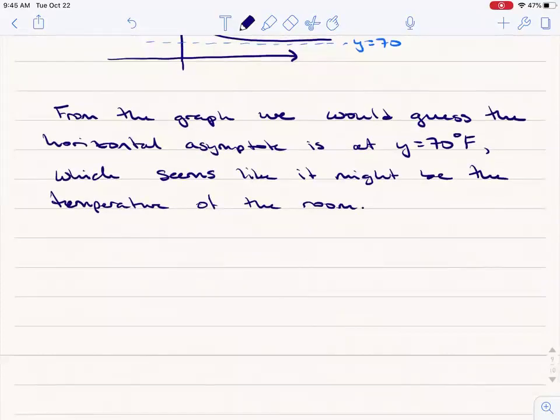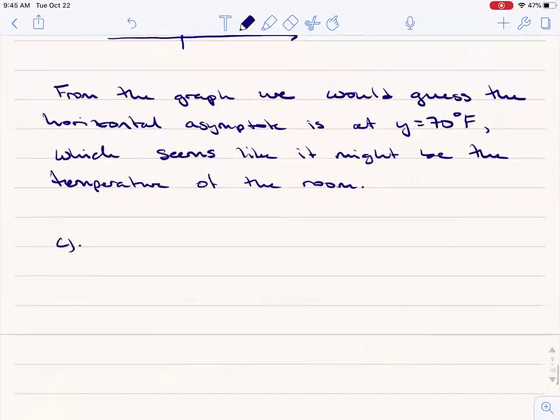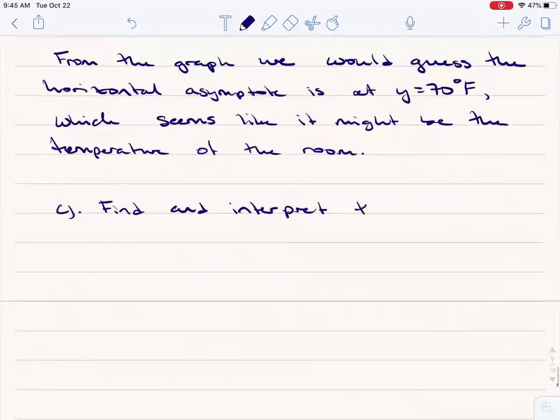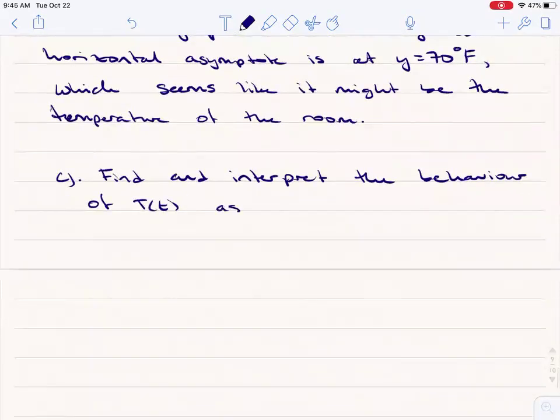Okay. And then finally, part C, find and interpret the behavior of T of t as t goes to infinity.